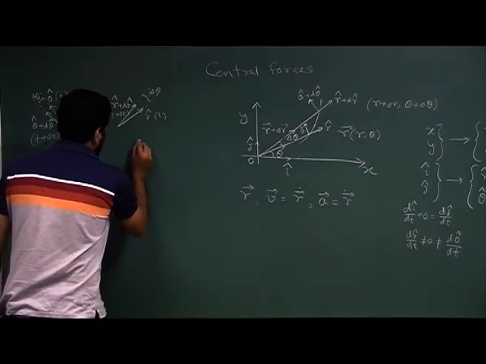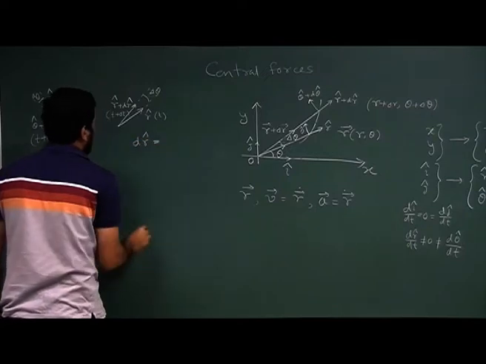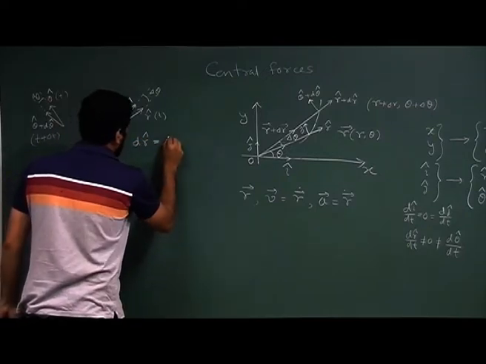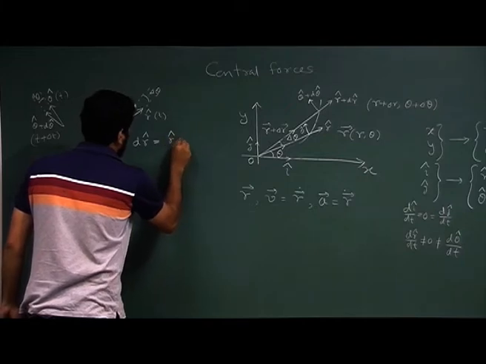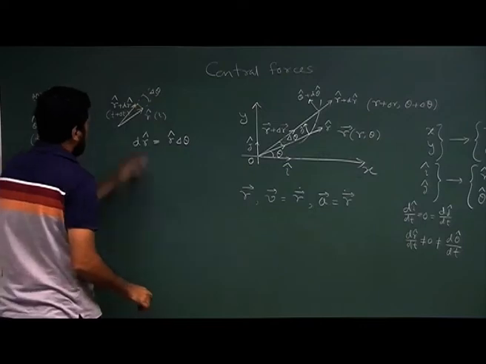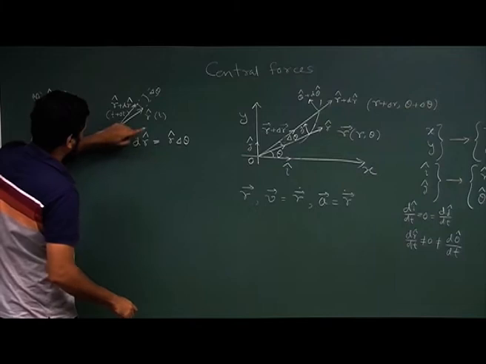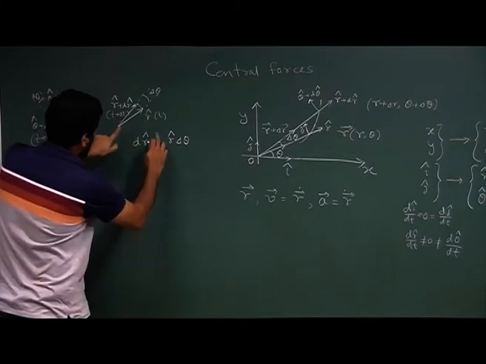So, if we do that, we see dr cap is r cap delta theta, which is this distance. So, essentially it is r d theta. r cap is the unit vector, the length of this unit vector.